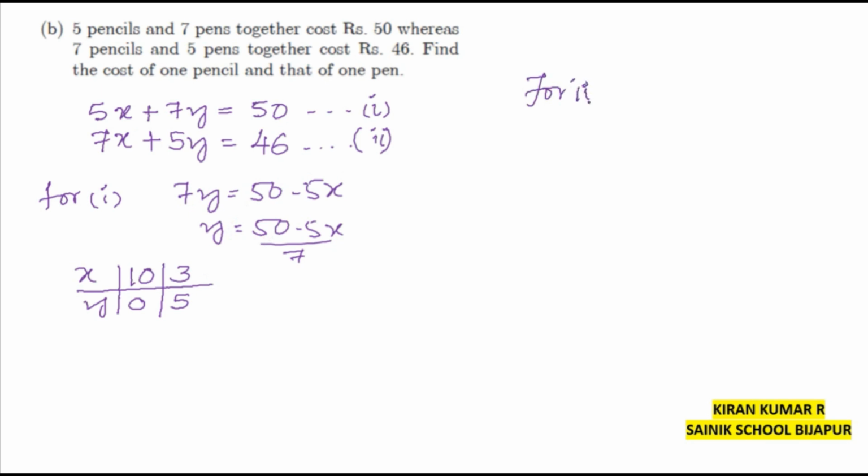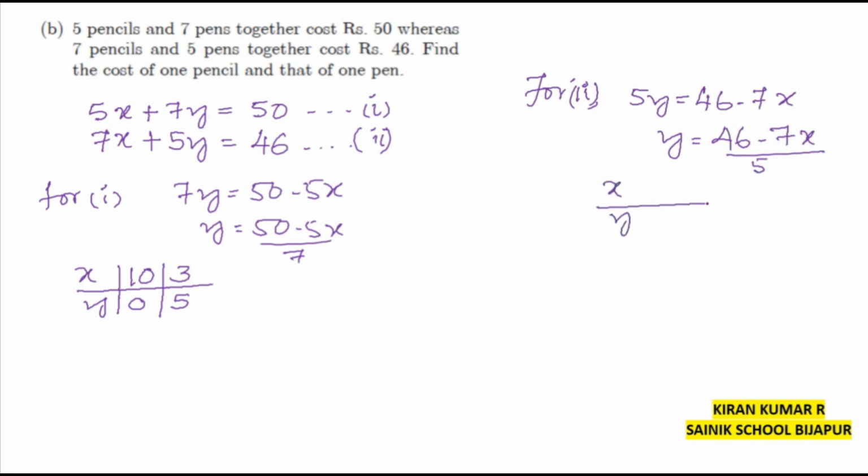For equation 2, 5y will become equal to 46 minus 7 times x. So y will be 46 minus 7x divided by 5. Now let me take some value of x and find the value of y. If I take the value of x to be say 8, the value of y becomes minus 2, because 7 8s are 56. 46 minus 56 is minus 10.